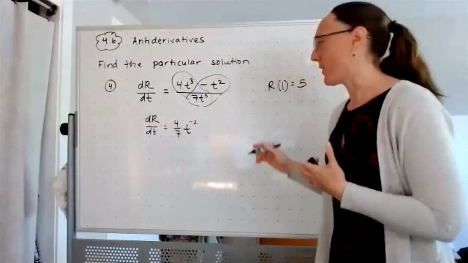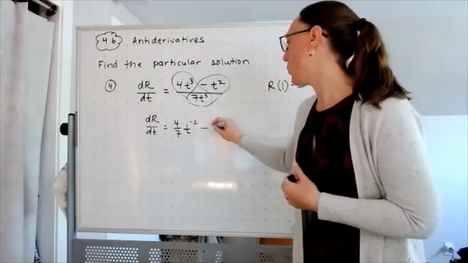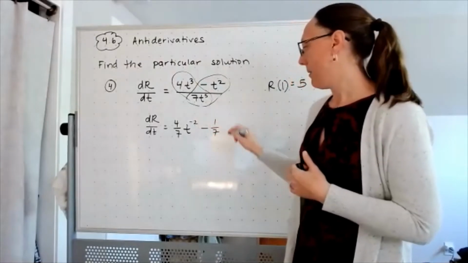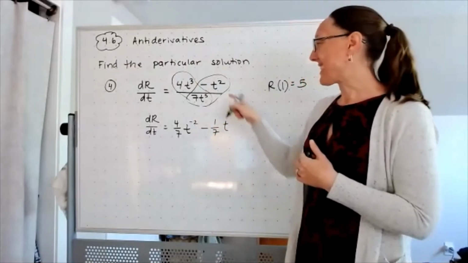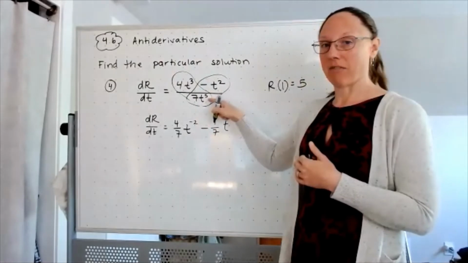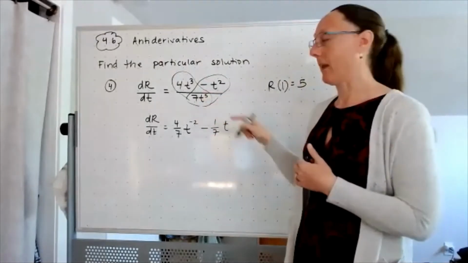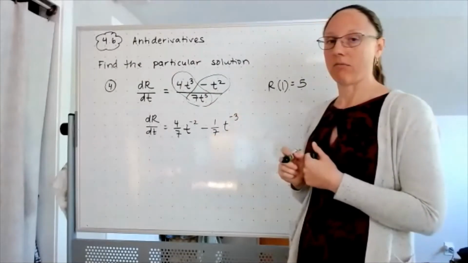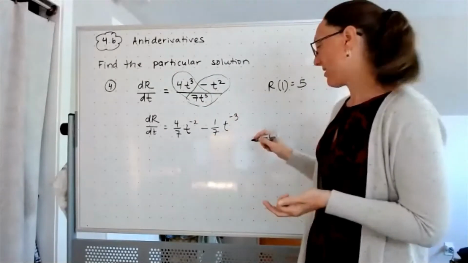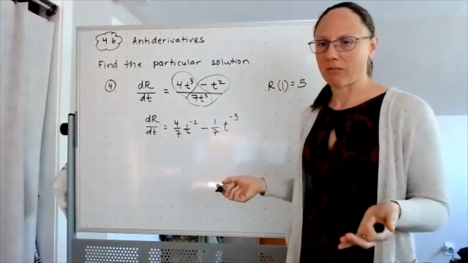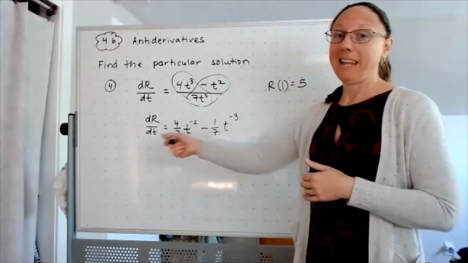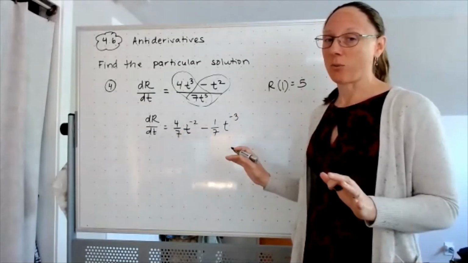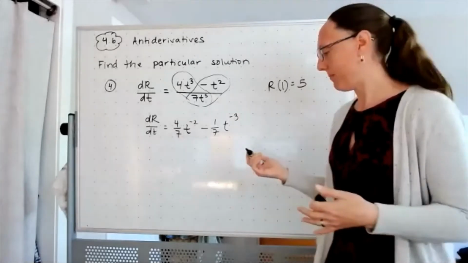So when I rewrite this, I want to make sure that I write this as 1/7. Now with my t's, I've got t squared on top, t to the fifth on the bottom, which is going to make that 2 minus 5, giving me a negative 3. Plus, oh wait, we didn't take an antiderivative yet. I don't know what I'm doing. Here, all we did was the algebra part. Now we're ready for the calc.